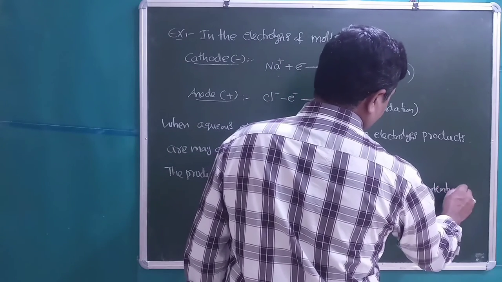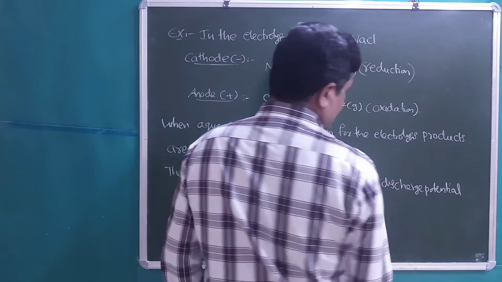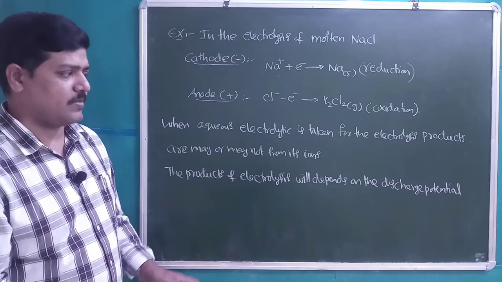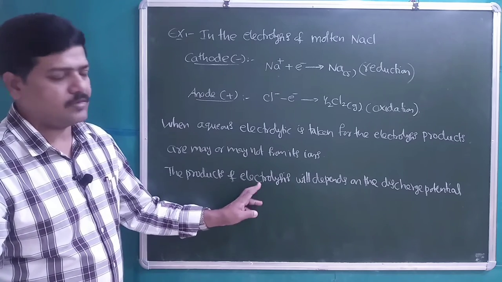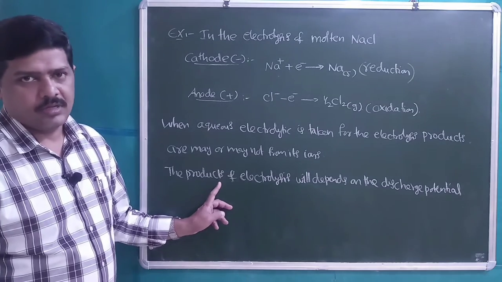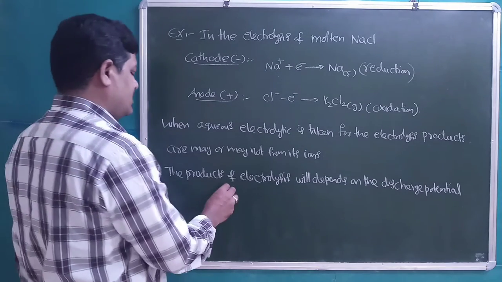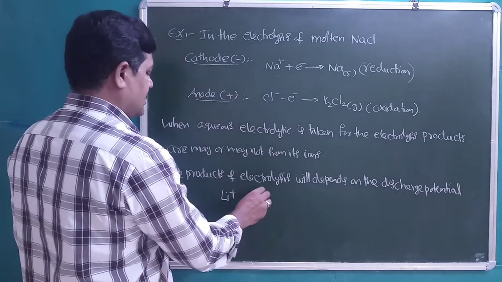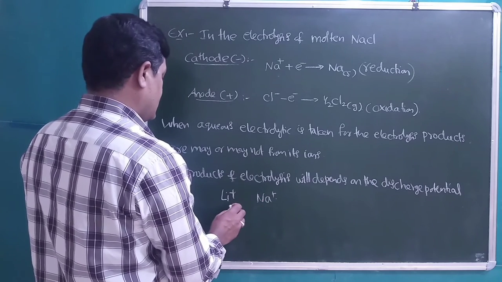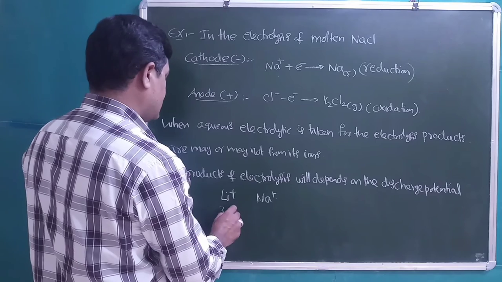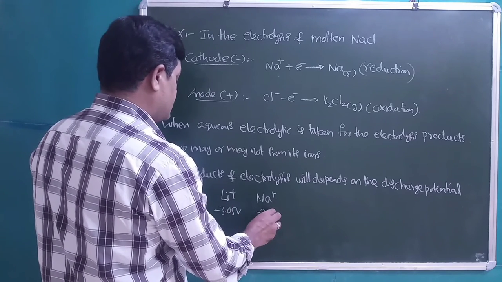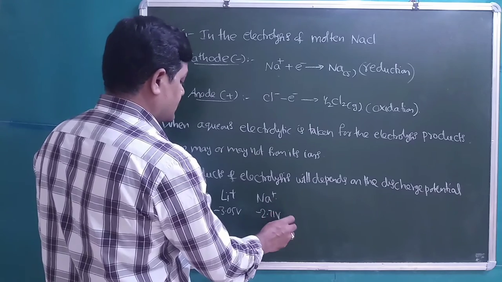Discharge potential means the metals which have more negative reduction potentials in the electrochemical series need more discharge energy. Discharge potential is more. Students, for example, if you take lithium, Li+ is present, Na+ is present. Li+ has a value of minus 3.05 volts, and Na+ has minus 2.71 volts.